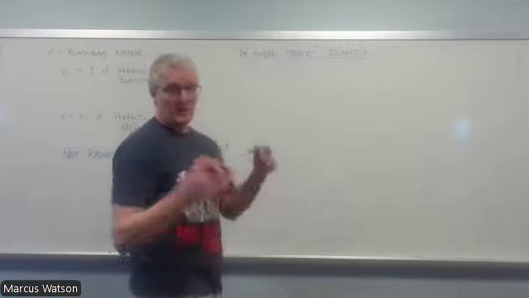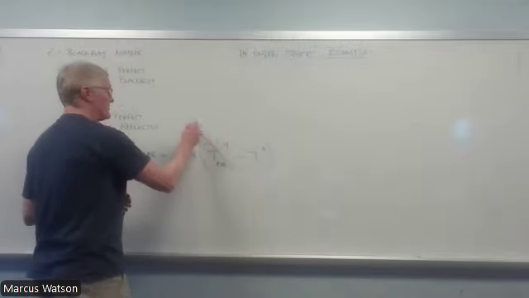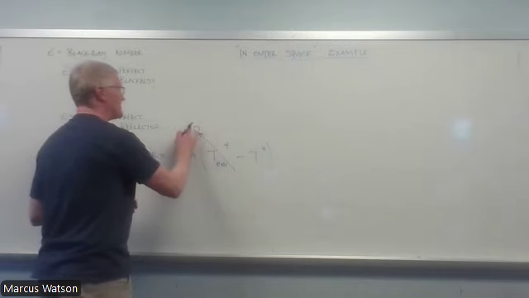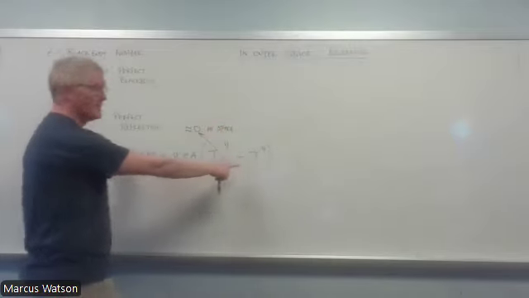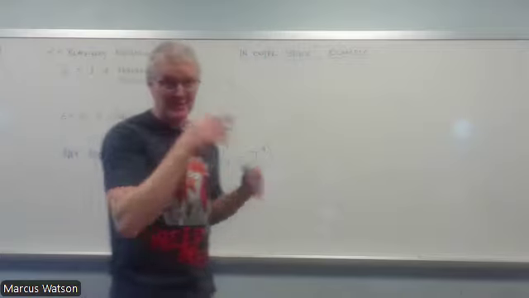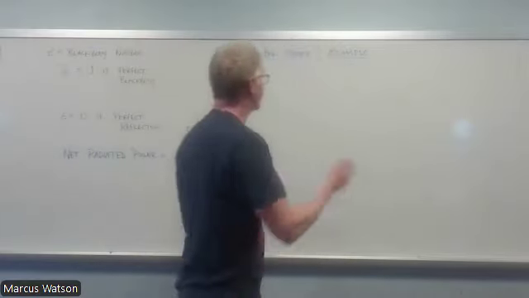I'm going to go back to my net radiated power here. I'm going to say this is approximately 0 in space. And so I'm going to be losing heat. All right.